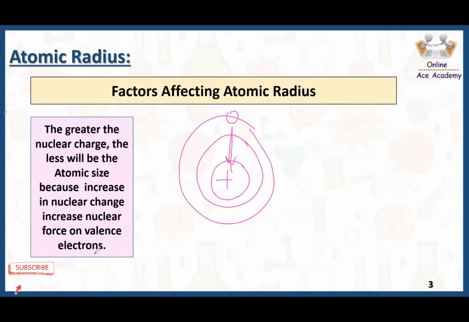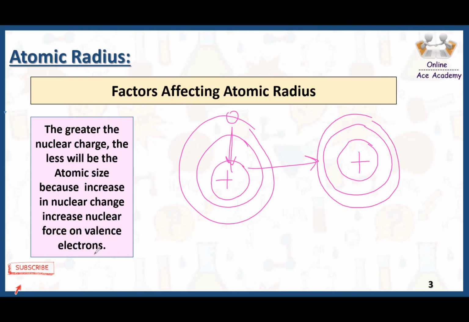Due to this stronger attraction, the size of the atom starts shrinking and gets contracted. So when the nuclear charge is greater, the atomic radius gets smaller.